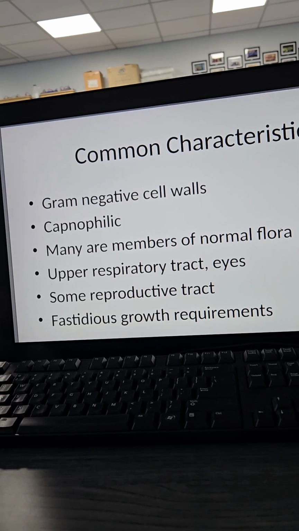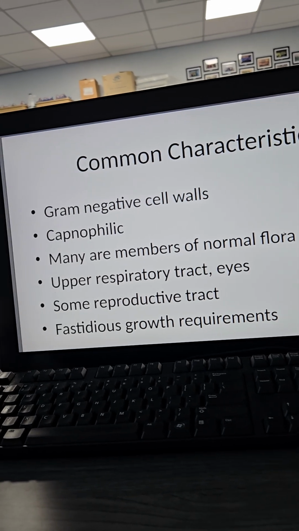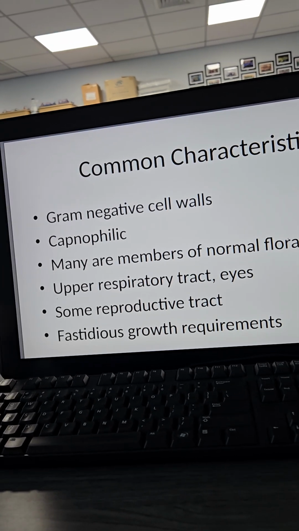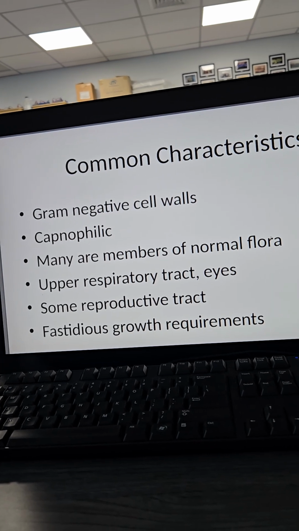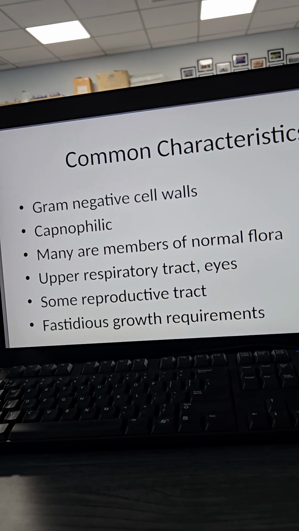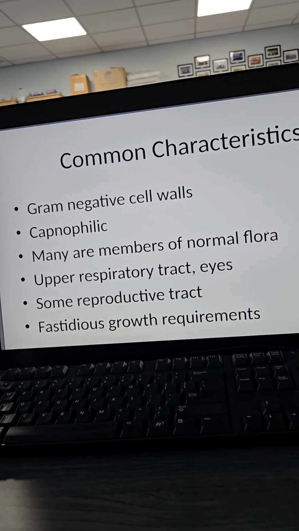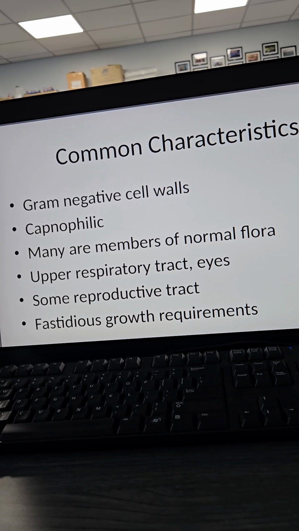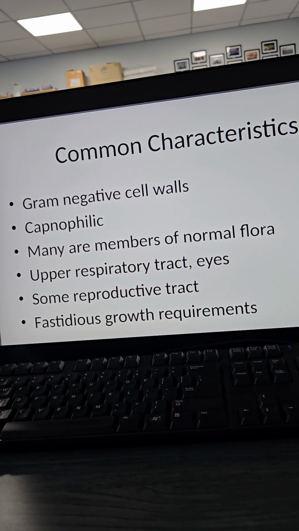There are other Neisseria out there that are part of your normal flora. One of them is one of the pathogens that we're looking for, Neisseria meningitidis. That's normal in the oropharynx.